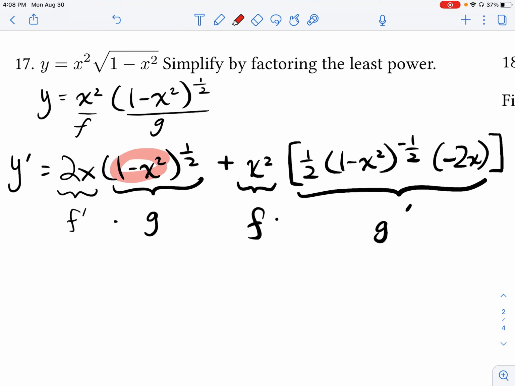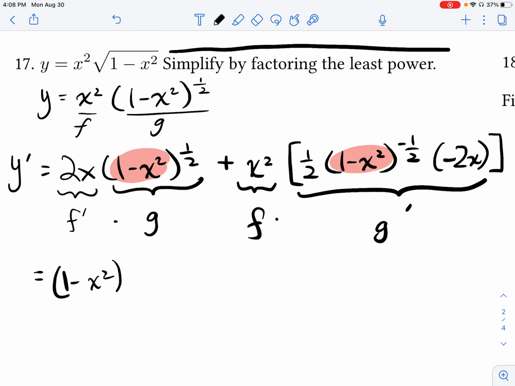Notice, I have a common factor of 1 minus x squared in both of these. So I can factor that out. This is what I mean when I say simplify by factoring the least power. So I'm going to write this as (1 minus x squared) to the negative 1/2 power. That's what I'm factoring out. Now what's left over here? We've got 2x.